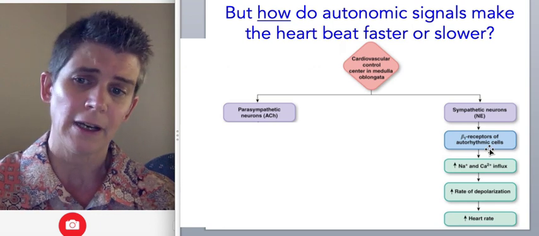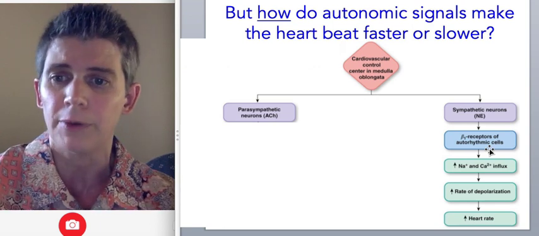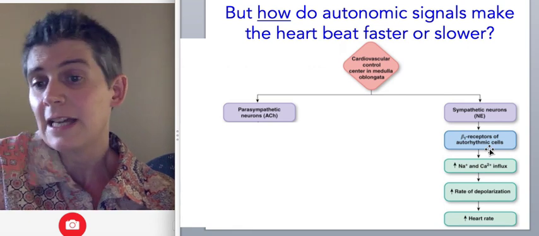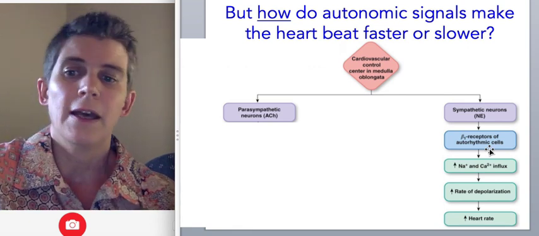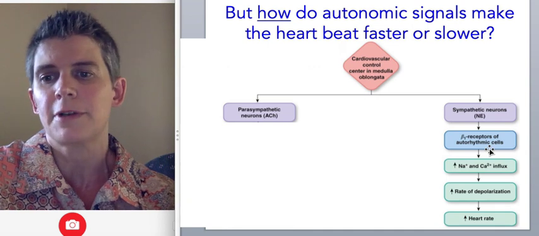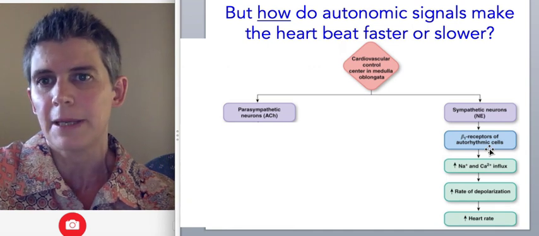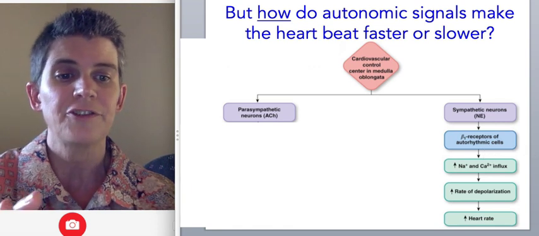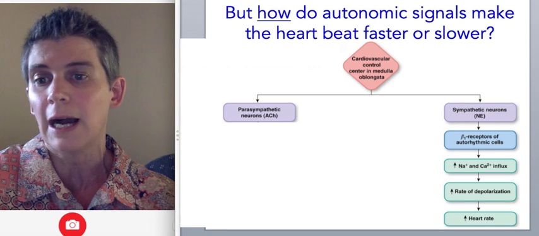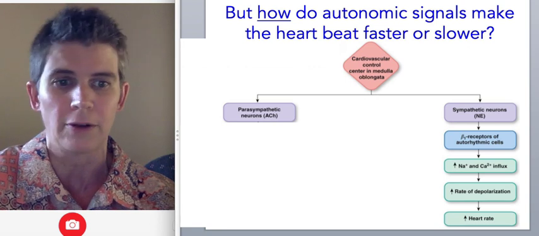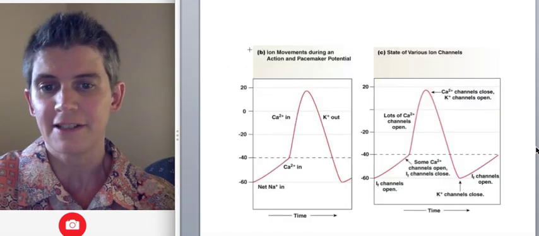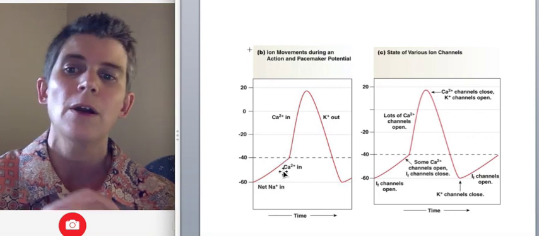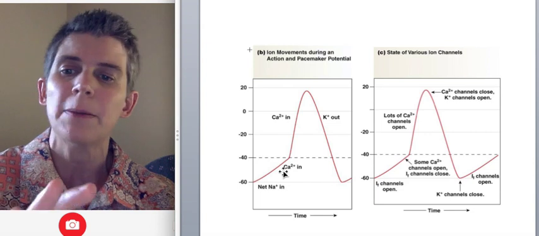What happens once this receptor is bound by norepinephrine is that there is a cascade of second messengers, and the key second messenger in this particular cascade is cyclic AMP. The cyclic AMP then binds to individual open IF channels, that is, those funny channels, and when it binds to them, so these are the channels responsible for this depolarization, it keeps them open longer.